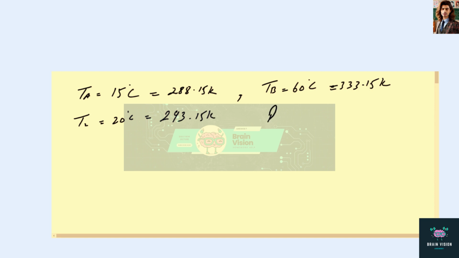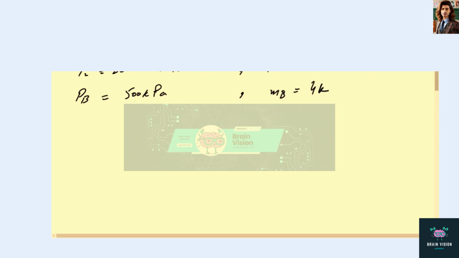PA is equal to 300 kilopascal, PB is equal to 500 kilopascal, MB is equal to 4 kg, and VA is equal to 1 cubic meter.